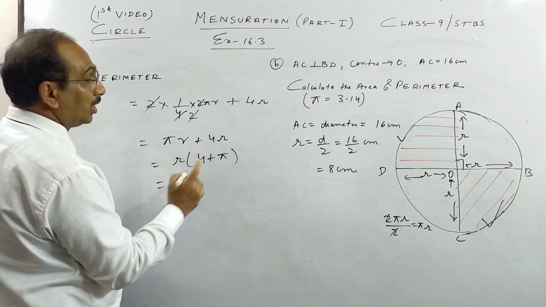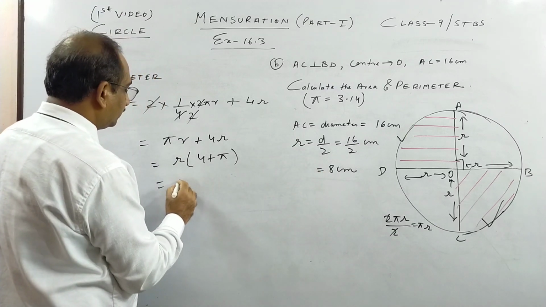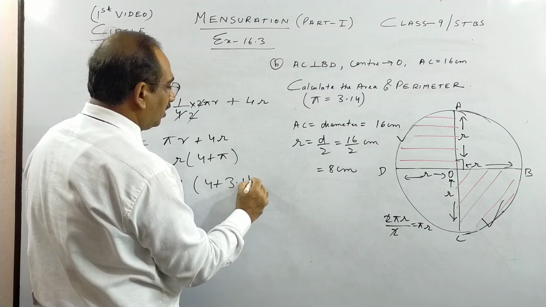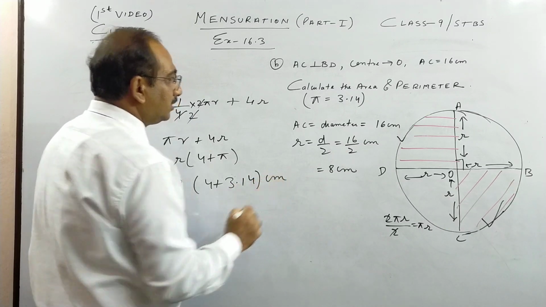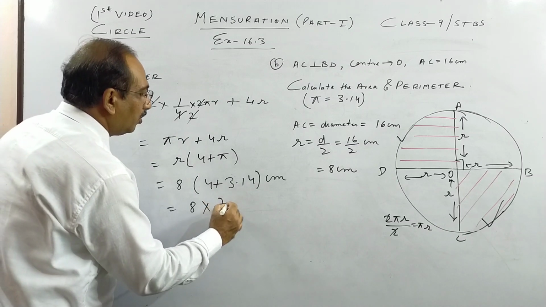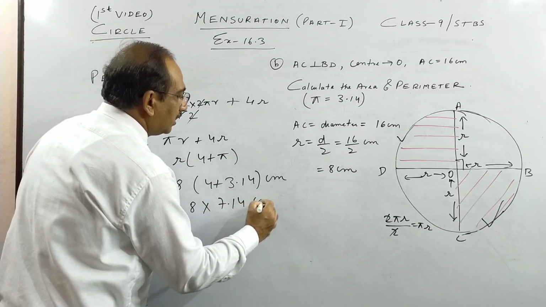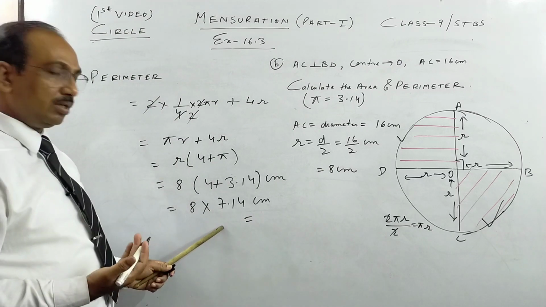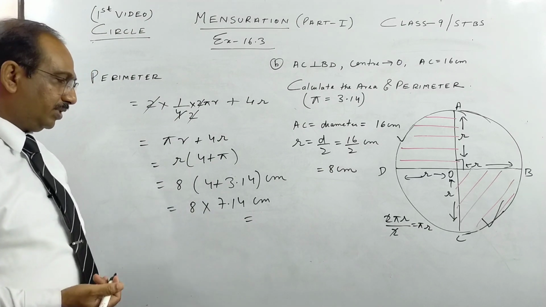Let us substitute r, children, which is 8 here. 4 plus, what is pi given? 3.14. Since it is distance, unit will be centimeter. So 8 into 7.14 centimeter. So this you can multiply. I am doing with mental maths. 8 sevens are 56.